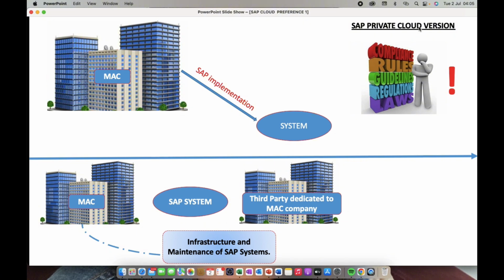Either the SAP software is going to be run on our own server. In Mac company, because we have grown, we now have an IT department and our own server. So we would want the SAP system to be run on our own server.